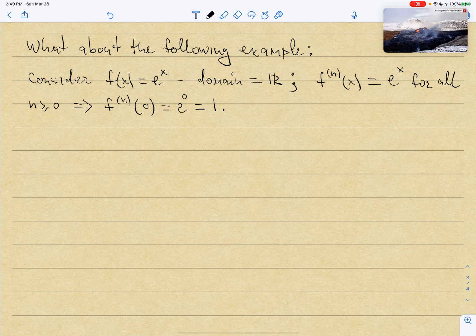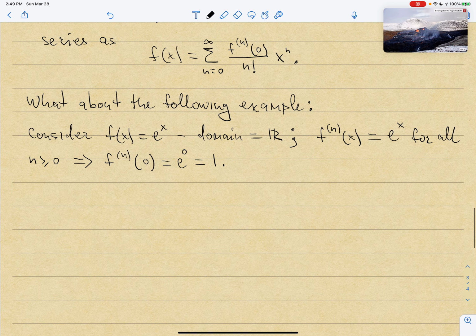And then if I have these infinitely many numbers, f n of 0, then nothing really prevents me from writing a series like this, right?